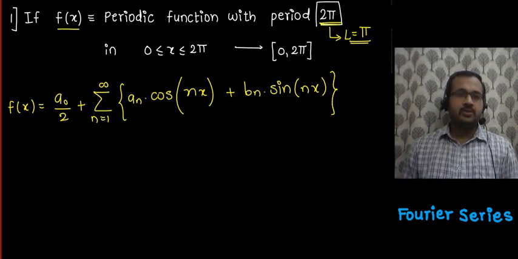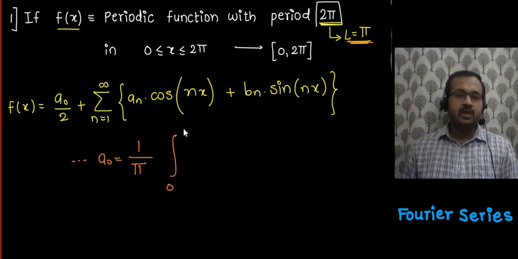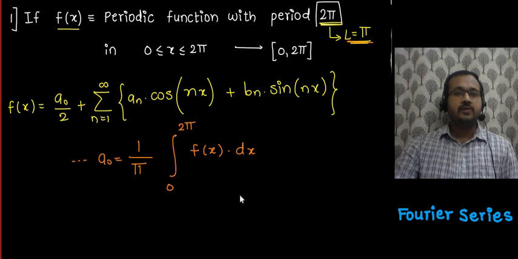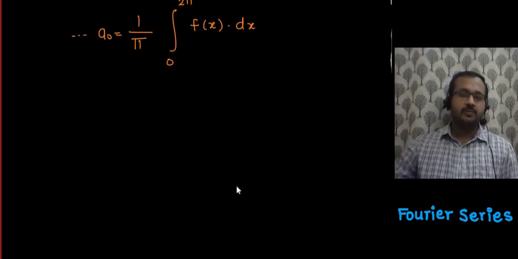Now let's discuss the Fourier coefficients. Here a0 is evaluated by, if we recall the previous formula, the first term is 1 upon L. Since L is equal to pi, we start with 1 upon pi integration in the given range, that is 0 to 2 pi, of the original function f of x, with respect to x. This is our value for the first Fourier coefficient, that is a0.